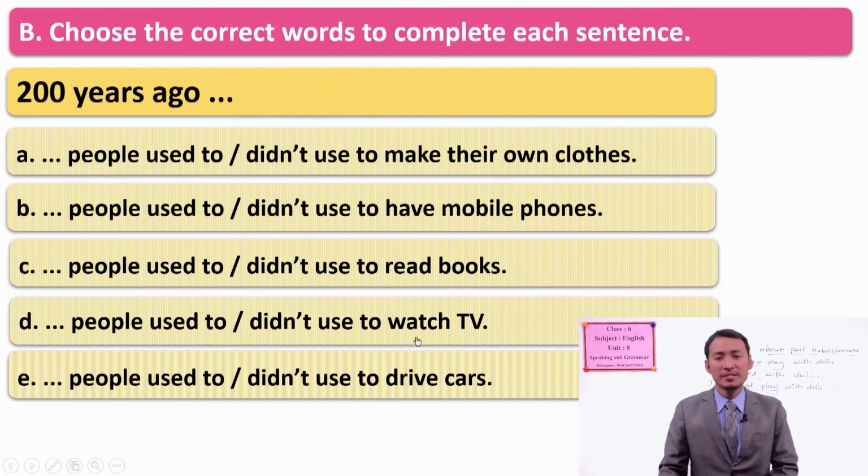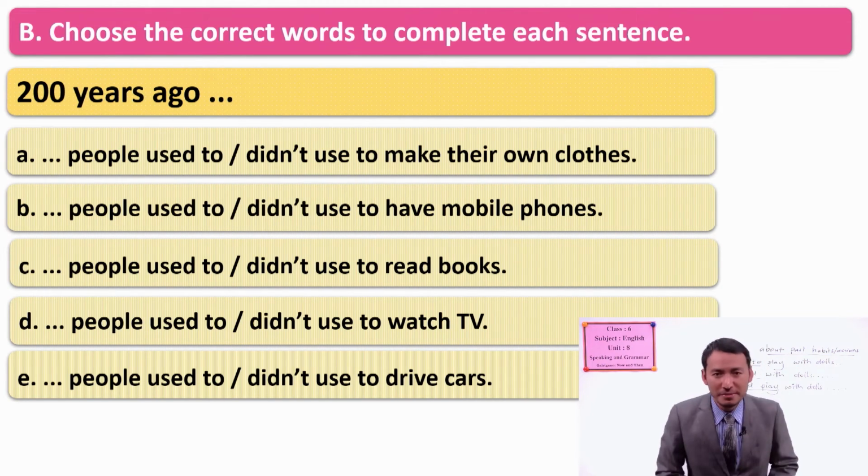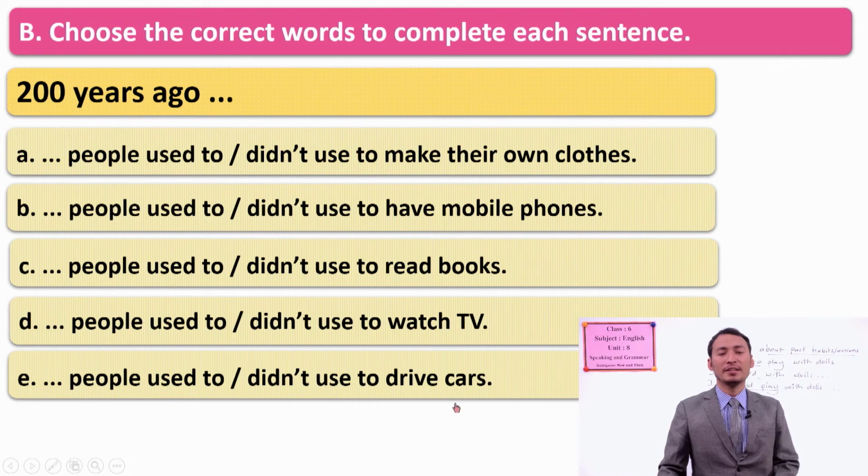Yes, they didn't watch TV, most of them, because before 200 years, there was no invention of TV, mobiles. So they didn't watch. So people didn't used to drive cars. Okay, 200 years ago, maybe most of the people didn't use cars.